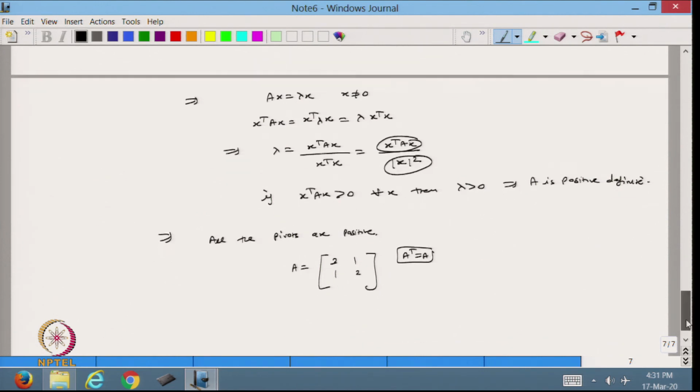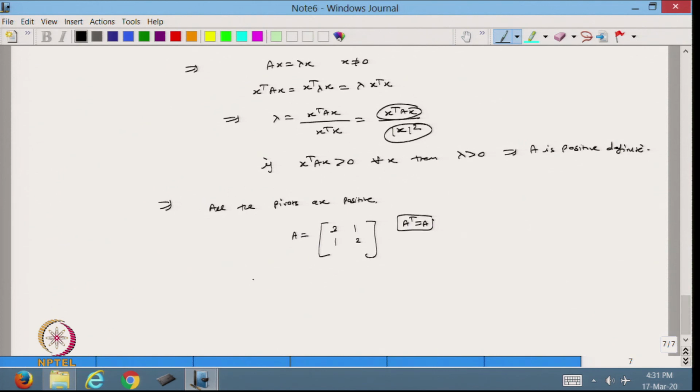Now, in this case what are the pivots? The first pivot is 3, and for the next, I can reduce this with Gauss elimination, or another method is finding the determinant. So, it is 6 minus 1, that is 5, divided by 3.